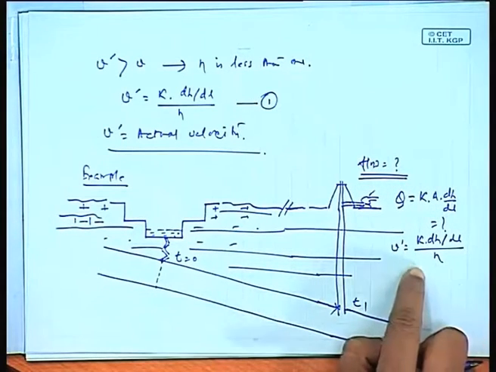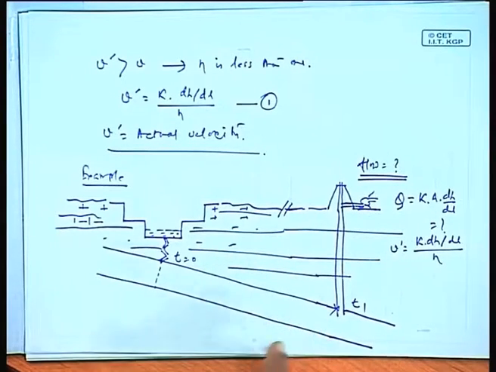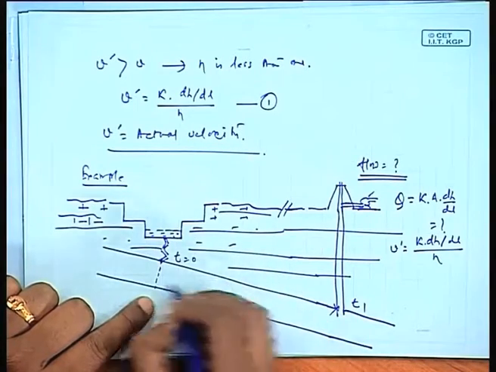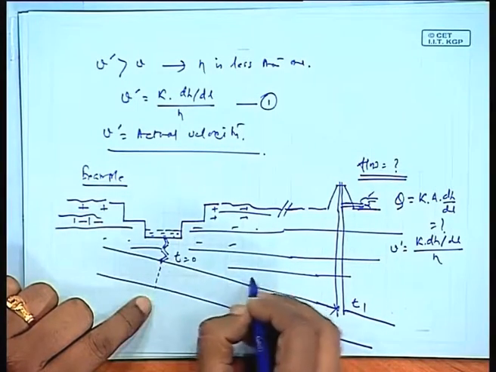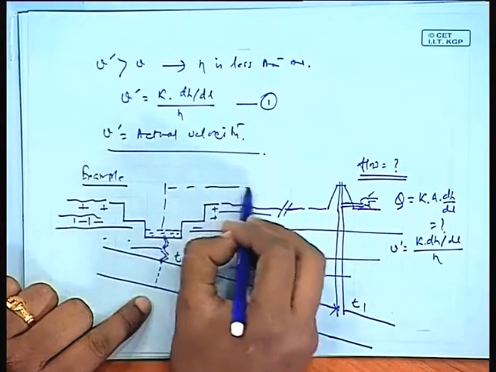So you can find out the actual velocity at which this water is moving. From this, if you are considering a distance of d, you measure this distance either from here or from here.